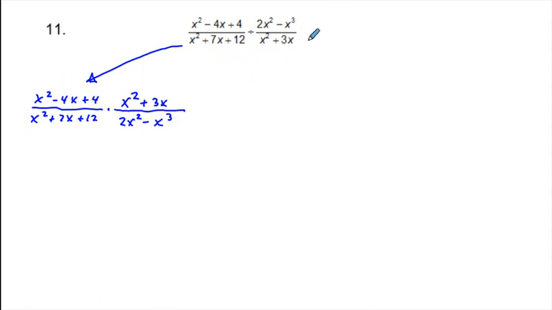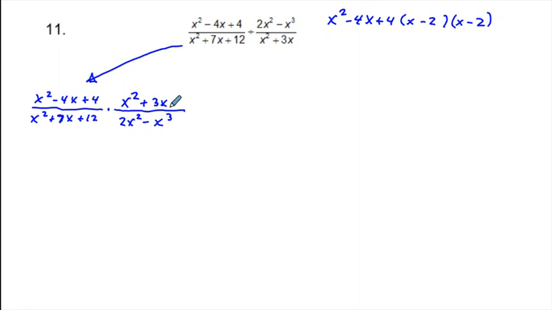Here, the first numerator, x squared minus 4x plus 4, factors into quantity x minus 2 times quantity x minus 2. Next we have our first denominator.